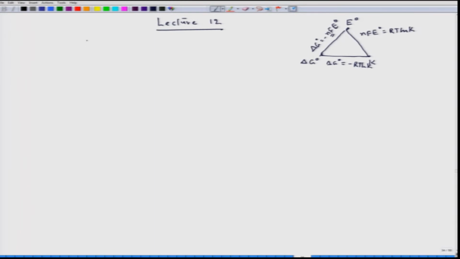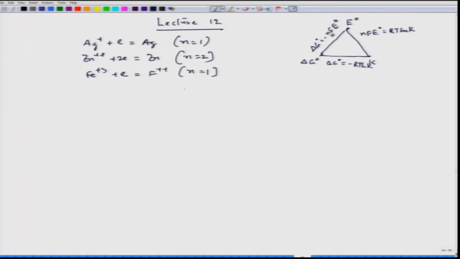The n could be, for example, Ag plus plus e equal to Ag, where n equal to 1; zinc plus plus plus 2e equal to zinc, where n equal to 2; Fe plus 3 plus e equal to Fe plus 2, where n equal to 1 again.